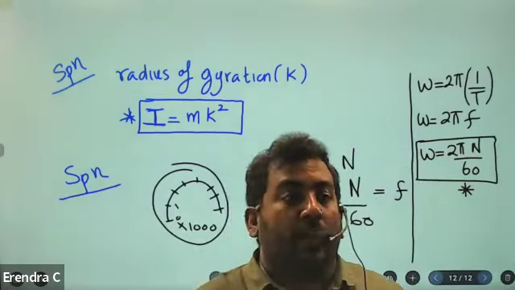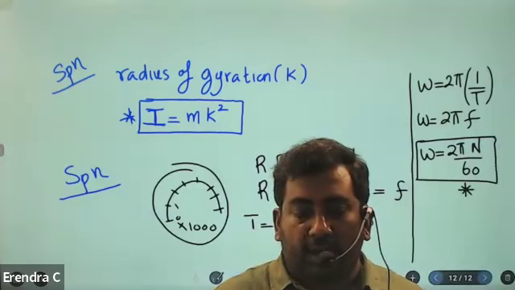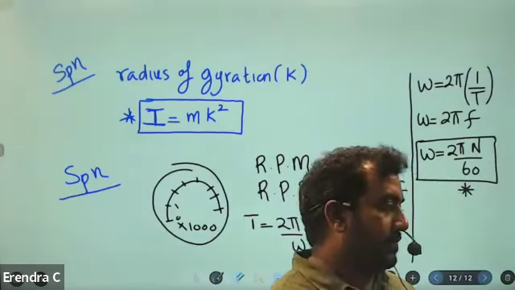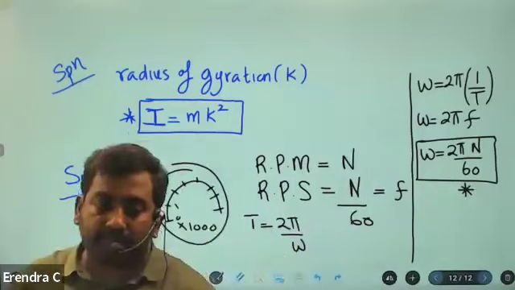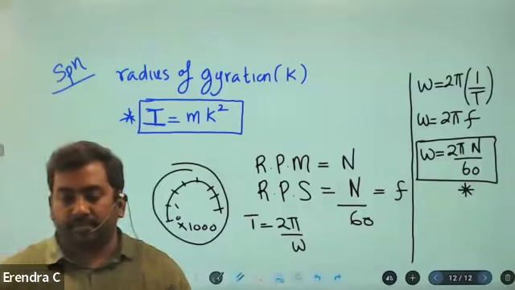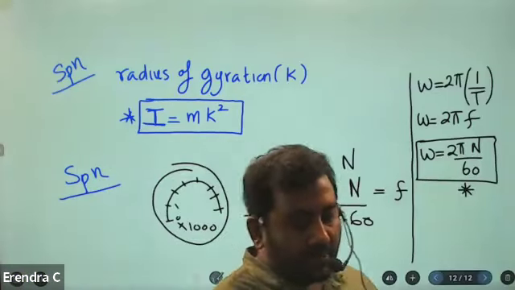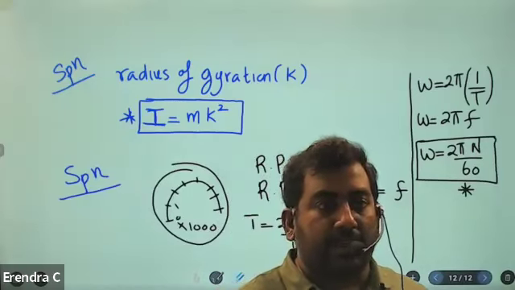In rotation motion problems, the angular velocity is given in revolutions per minute, inside brackets RPM.